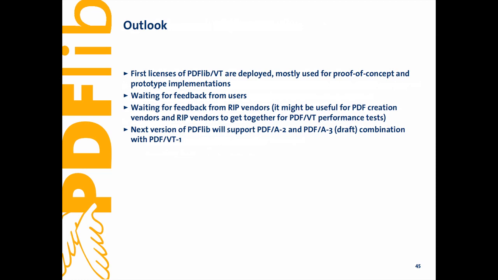We are eagerly waiting for feedback from RIP vendors, and it might be a good idea for RIP vendors and PDF creation vendors to get together and do performance tests. And we will have PDF/A-2 and PDF/A-3 support in the upcoming version of PDFlib, which will allow combined creation of PDF/VT-1 documents with those PDF/A standards.